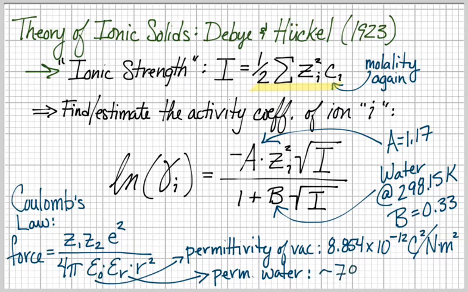And that's at about 78.5 coulomb squared per Newton per mole squared.